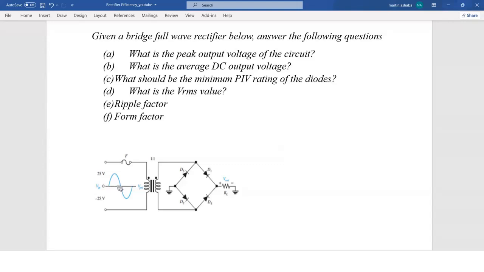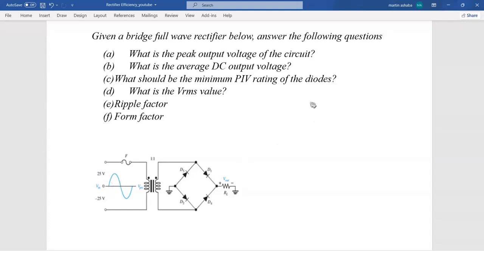The input signal has an amplitude of 25 volts and the minimum, of course, of negative 25 volts. So the transformation ratio is 1 to 1, meaning the output is equal to the input. That's all. So what else?